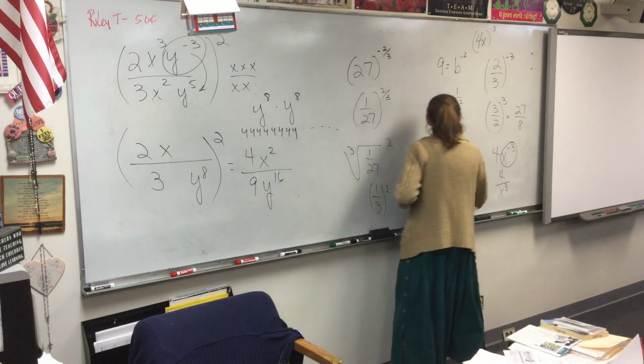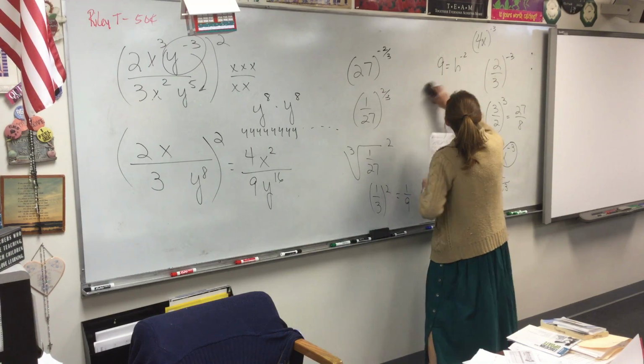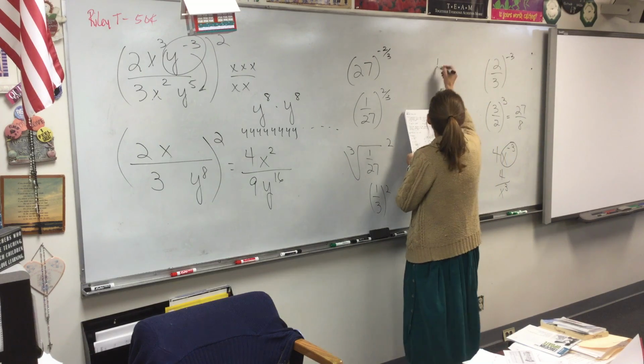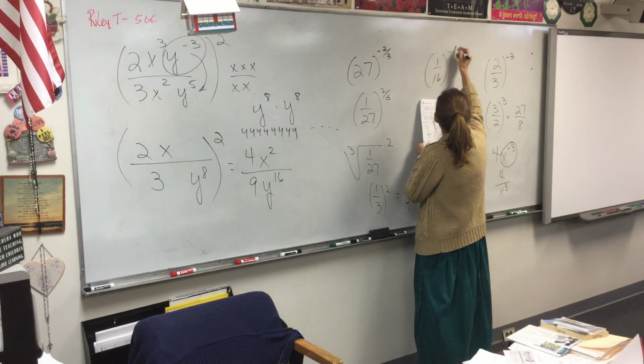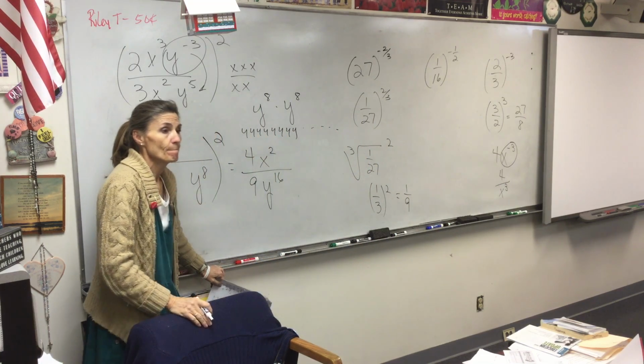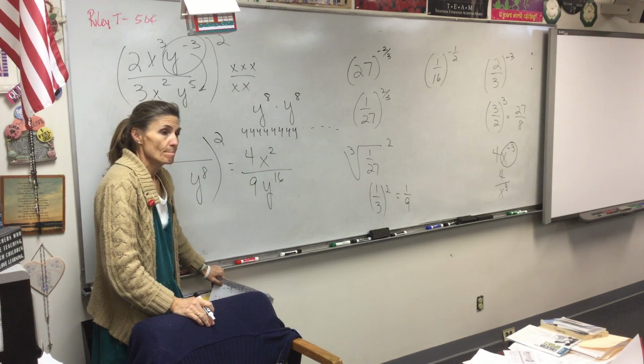Again, kids, no calculators. You gotta be able to do this with your exponents. So when you're going to take a root of it, you're trying to figure out what you're gonna take. You always look at the denominator.